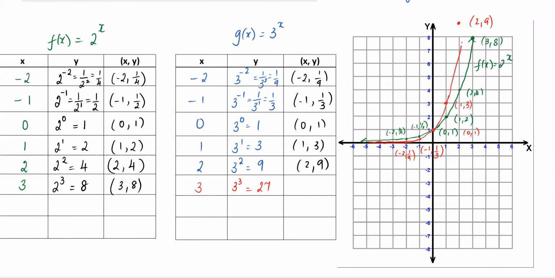As you can see, this climbs faster. This one's climbing faster than the green, but this one started slower than the green. Right? And this is g of x equals 3 power x. This started slower, but then it climbed up faster once it crossed the 0, 1 mark.